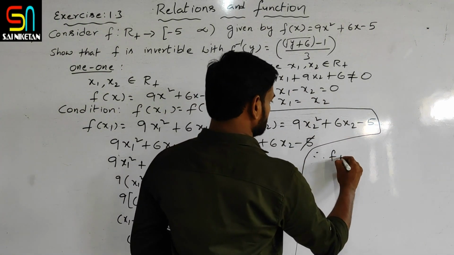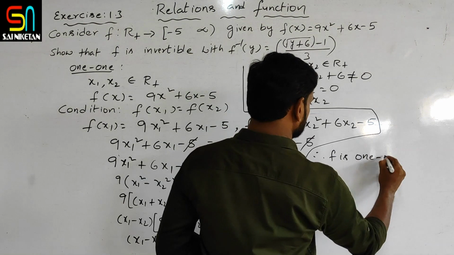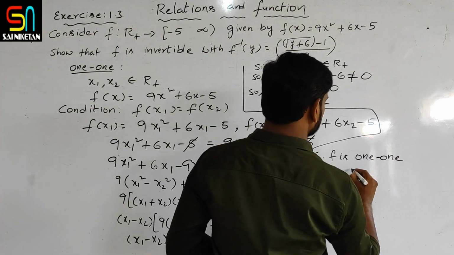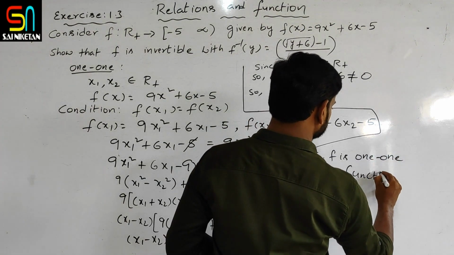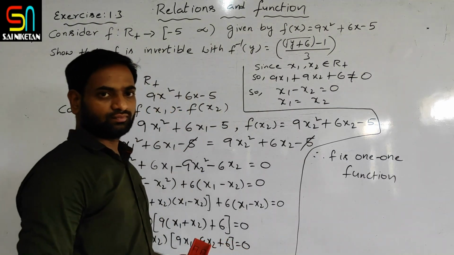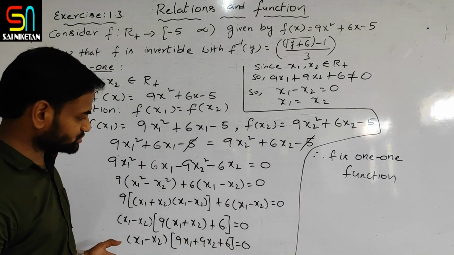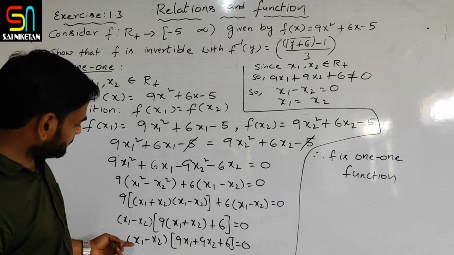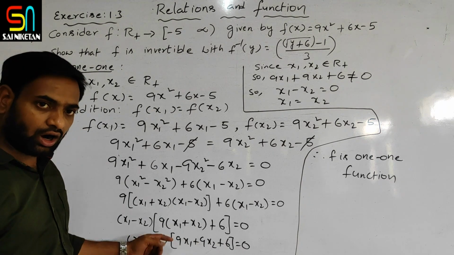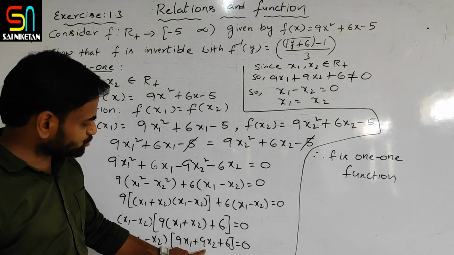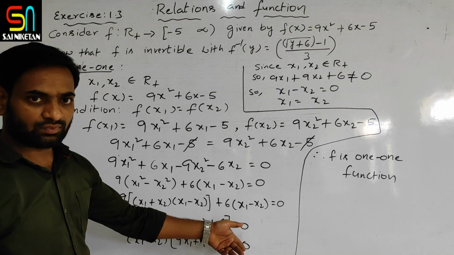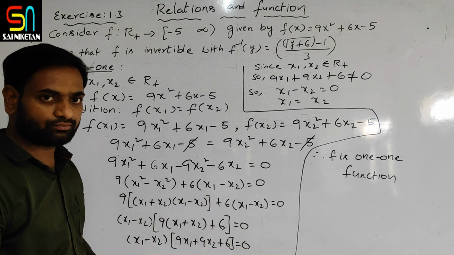Therefore, f is one-one function. In this way, f is one-one function. Otherwise, you can write here x1 minus x2 equal to 0 or 9x1 plus 9x2 plus 6 equal to 0. In both of them, which is 0?